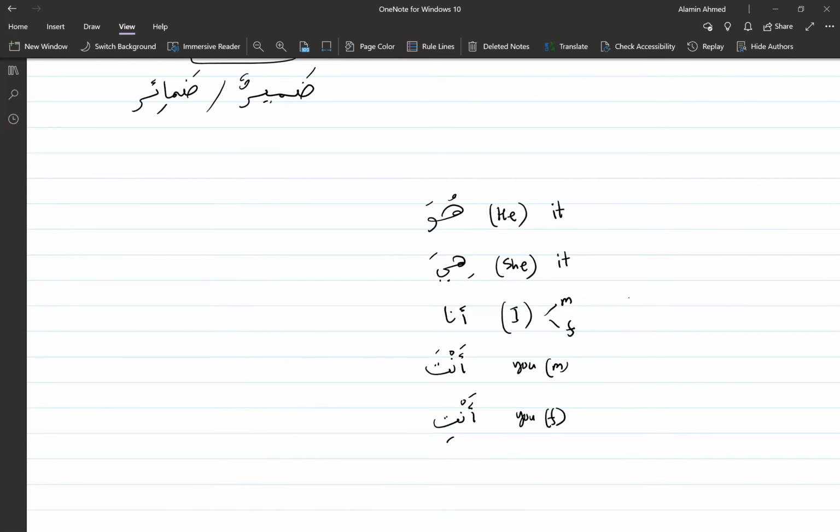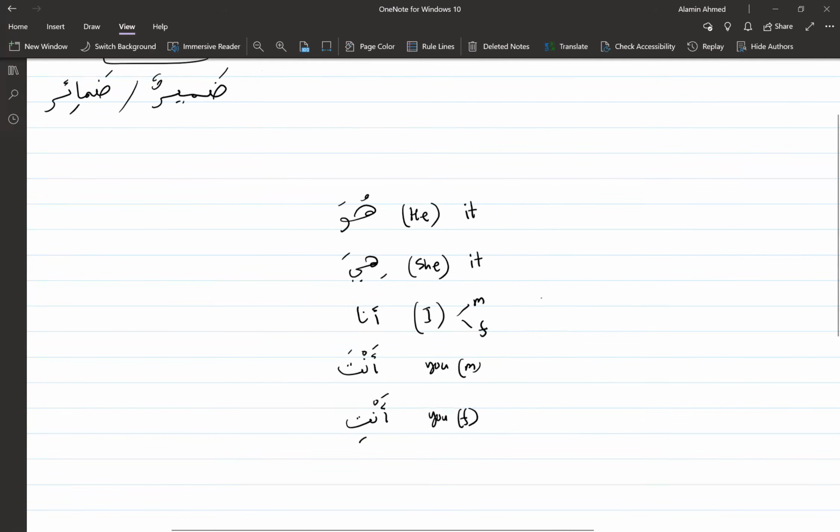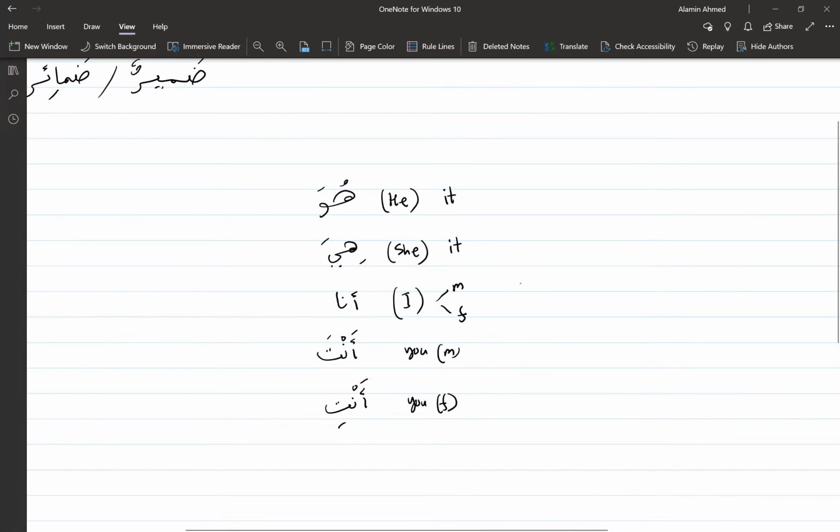In Arabic language, something that maybe we don't have to study too much, but I'll mention it anyway. In Arabic language, we can divide pronouns in many different ways. One of the ways, just like in English, we have a pronoun for first person, and we have a pronoun for second person, and we have pronouns for third person. Yes? So which one would be first person here?